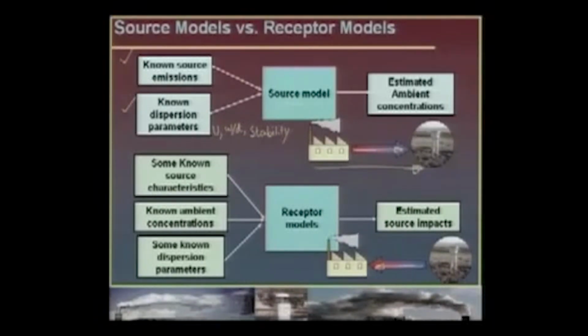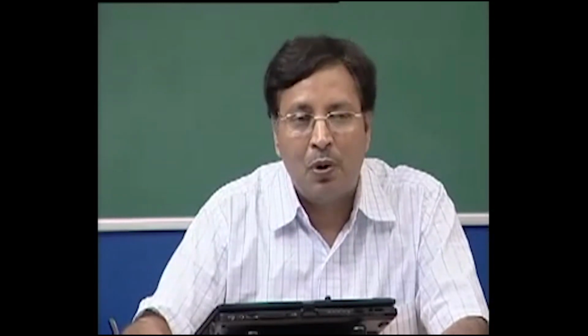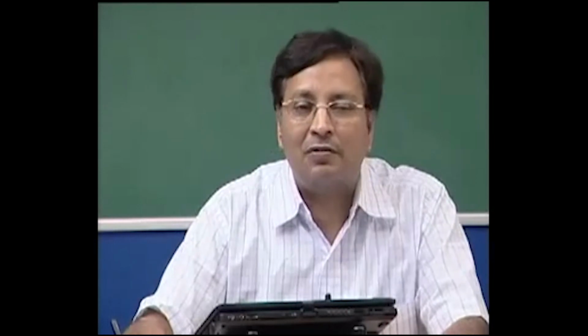So in order for us to be able to do the receptor modeling, what we need is some sources which already exist in the area. Sources means the emission sources. But the interesting part is we don't need the quantity of the emissions from the sources. We don't need how many tons of sulfur dioxide is emitted from the source. What we need is the characteristics in terms of the fraction of emissions.